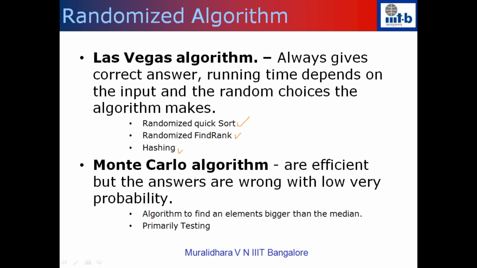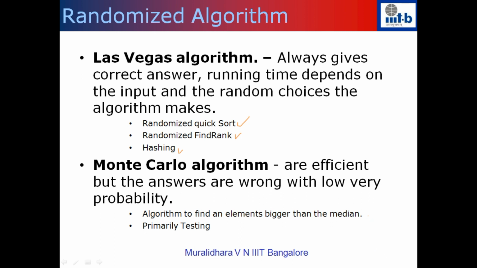The Monte Carlo algorithms, on the other hand, are very efficient in general, but the answers are wrong with a very low probability. So the answer is correct with a very high probability.